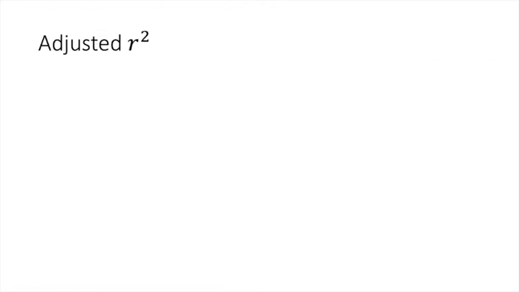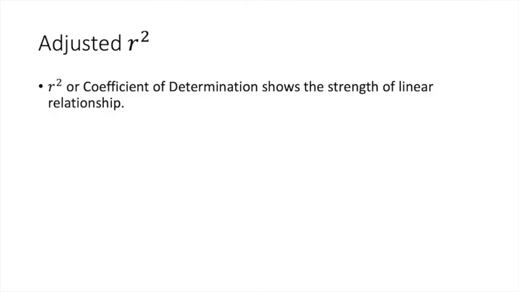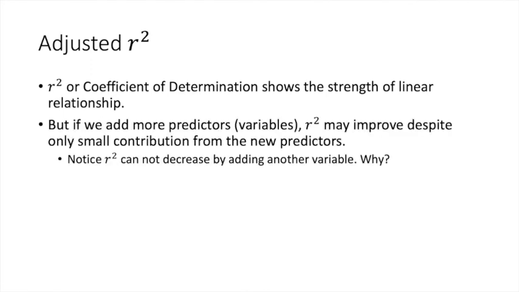One word of caution before we wrap up this lecture. Note that R squared shows the strength of linear relationship when we do linear regression. However, if we are using multiple regression, it is possible to simply add more and more predictors that will each improve R squared only a little bit maybe.